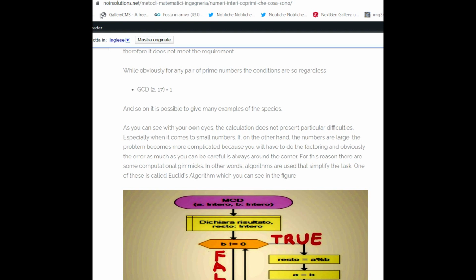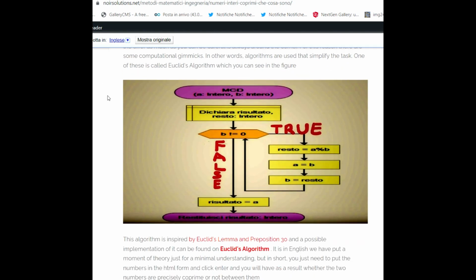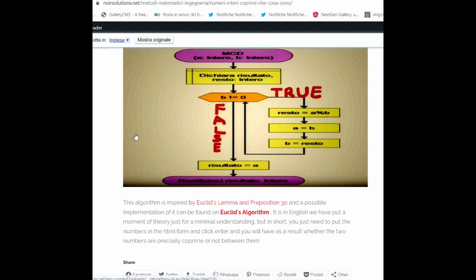One of these is called Euclid's algorithm, which you can see in the figure. The remainder is resto, integer is intero.